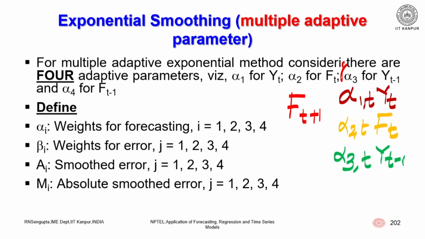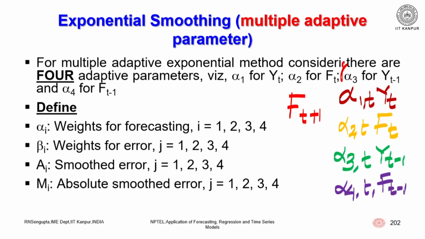And the final one is alpha 4,t, the suffix being 4 comma t, for ft minus 1.